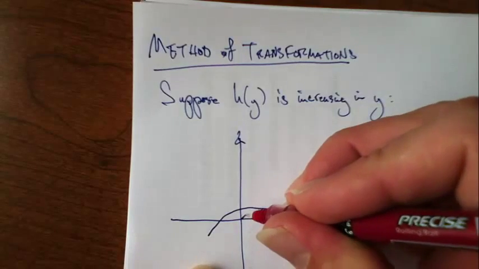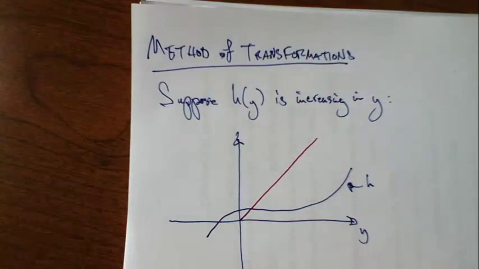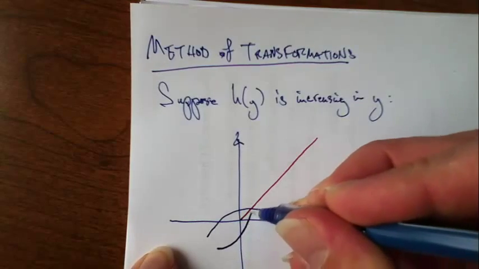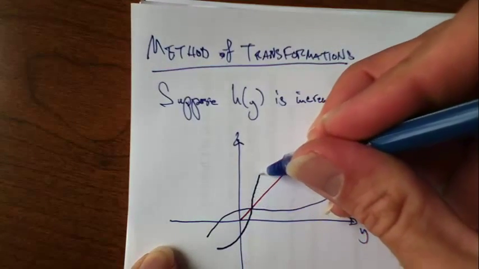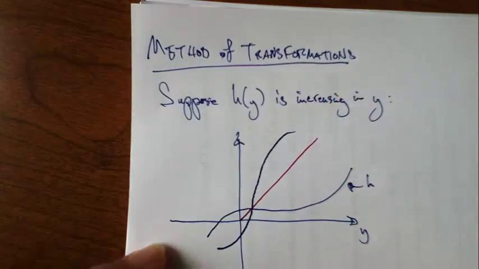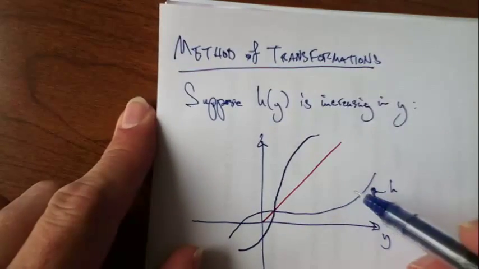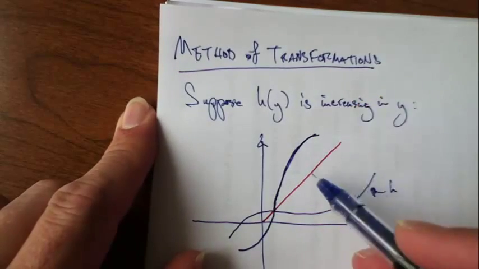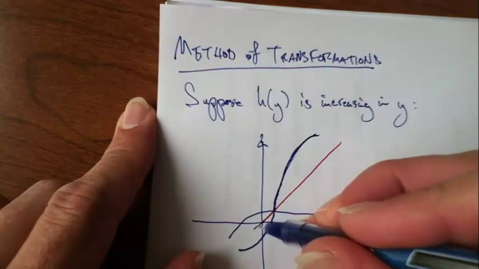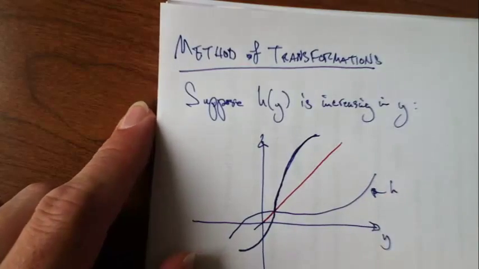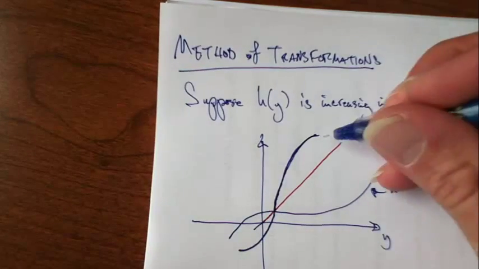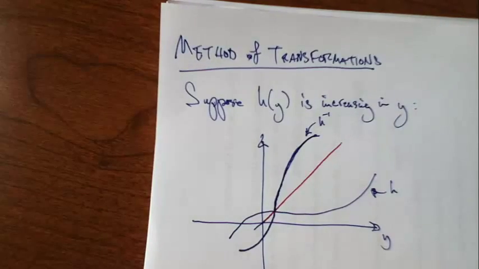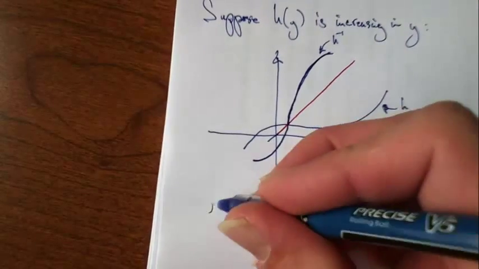Now h has an inverse function. If you remember from your pre-cal or some other math class, it's the function that you get when it's reflected in the line y equals x. So this would be h inverse.